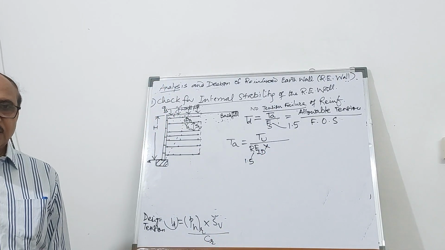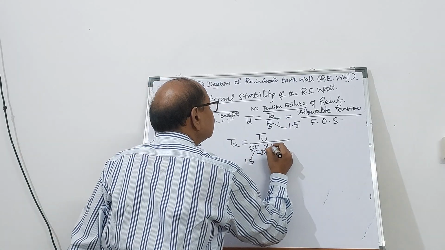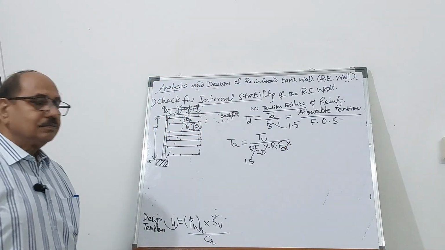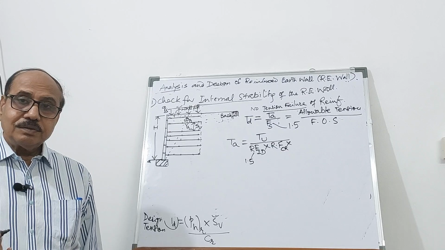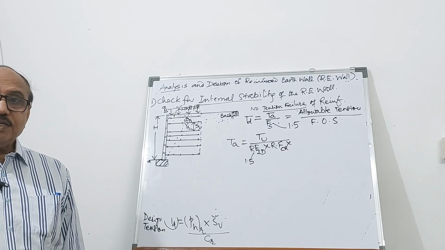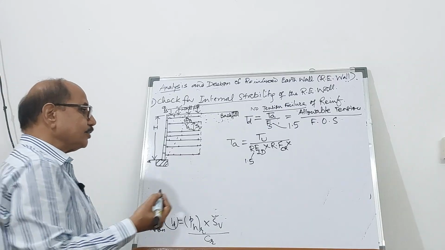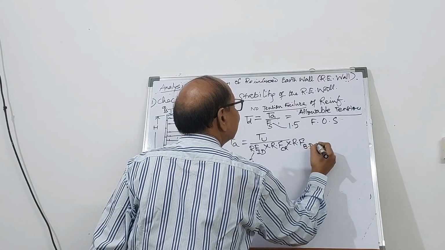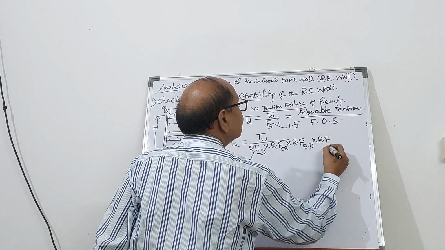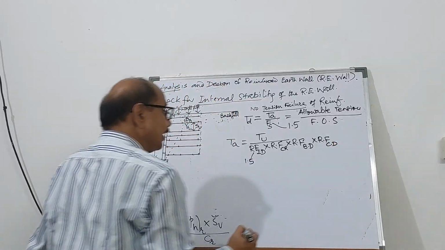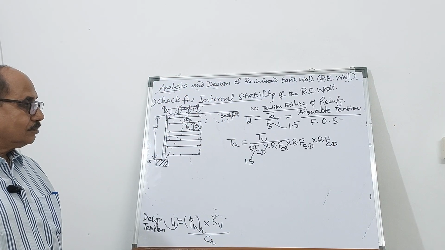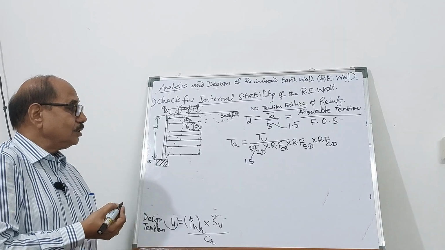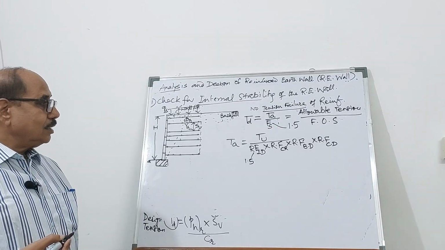multiplied by reduction factor for creep, RF for CR, also for chemical degradation and biological degradation. So reduction factor for biological degradation and reduction factor for chemical degradation. Right? So these are all factors that will give you this RF value.